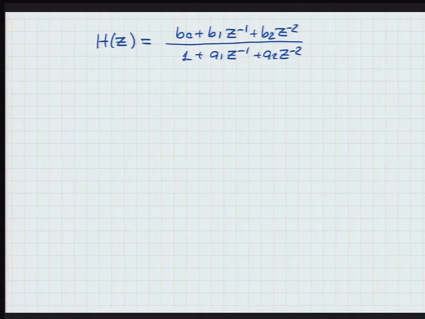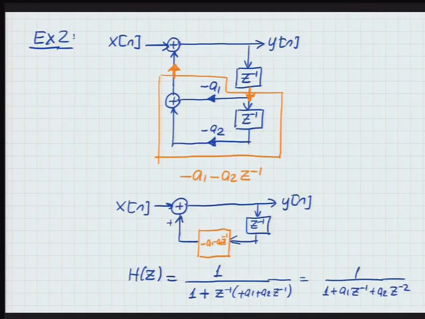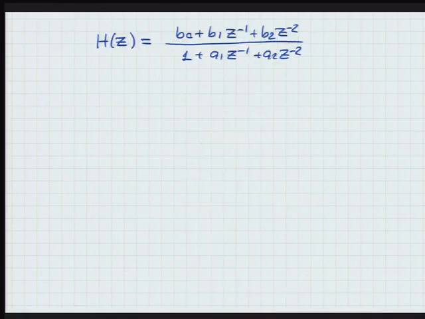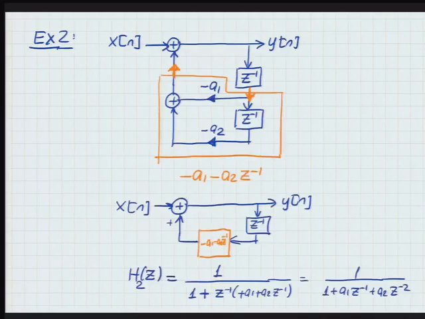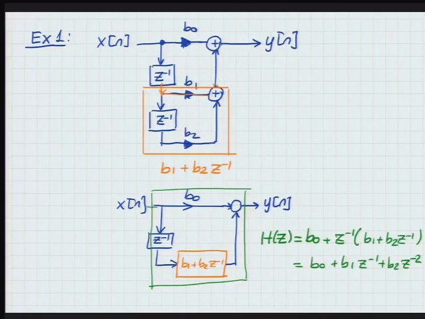So let's look at this. Let's call this H2 of z, because that was example 2, right? 2 for example 2. And that basically gives us the denominator of what we want to build, right? And in example 1, we have H1 equal to this, and that's the numerator of what we want to build, right?